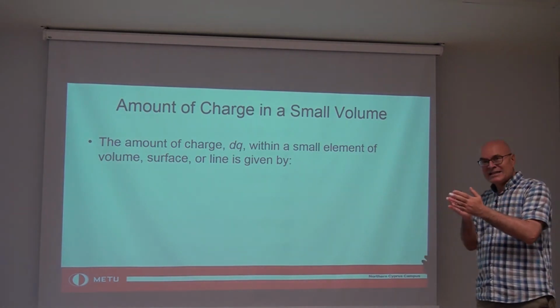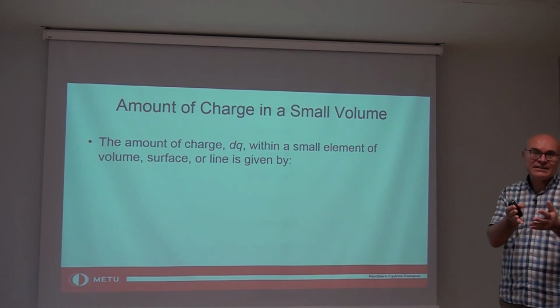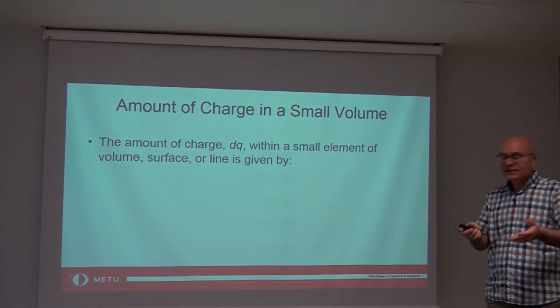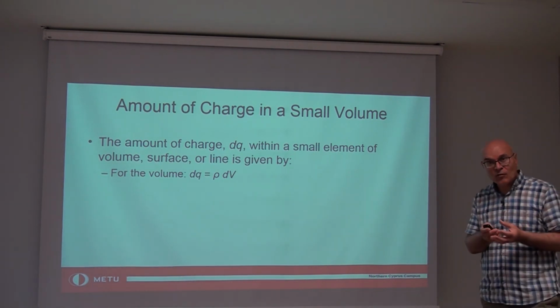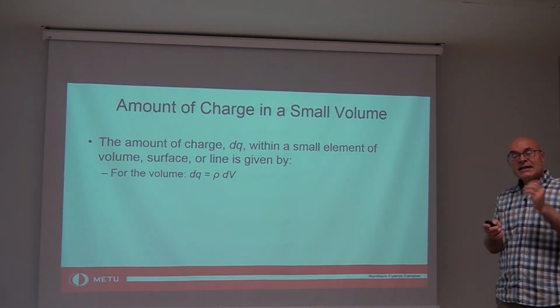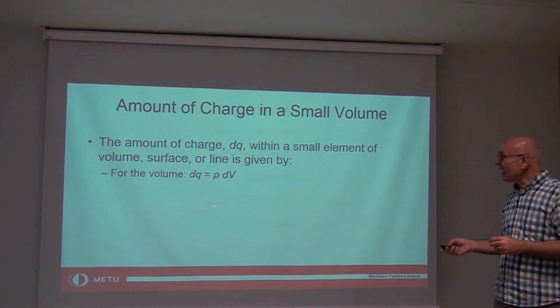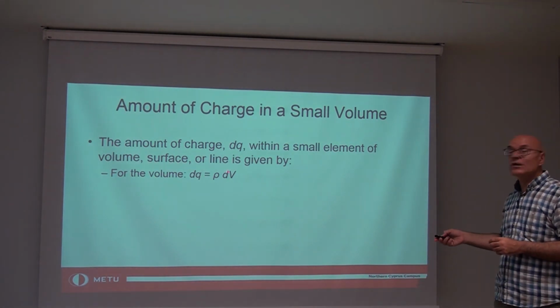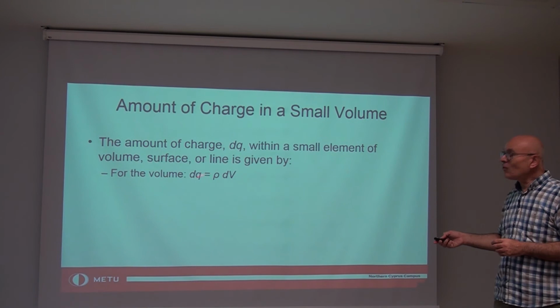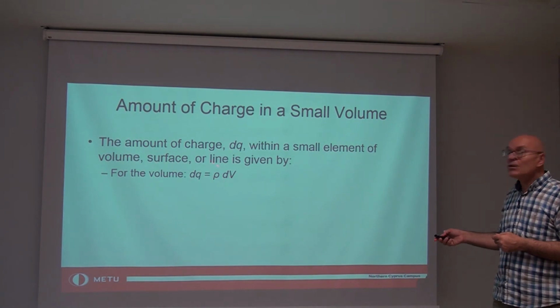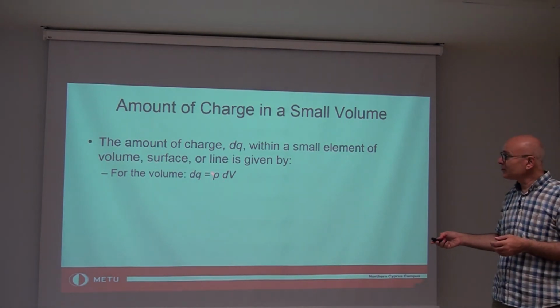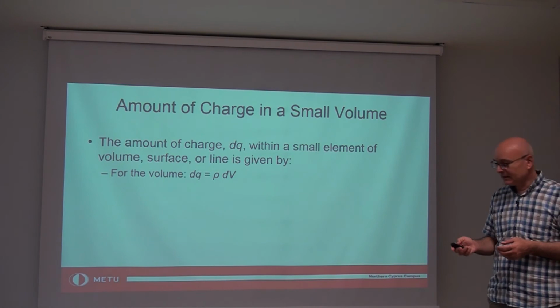So how is this dq related to the charge density involved? If you have the charge distributed over a volume, then each of these dq's will occupy a small volume, and we call it dV. Since rho is the charge per unit volume, this charge dq, which occupies this volume dV, will have magnitude equal to the charge density rho multiplied by dV.